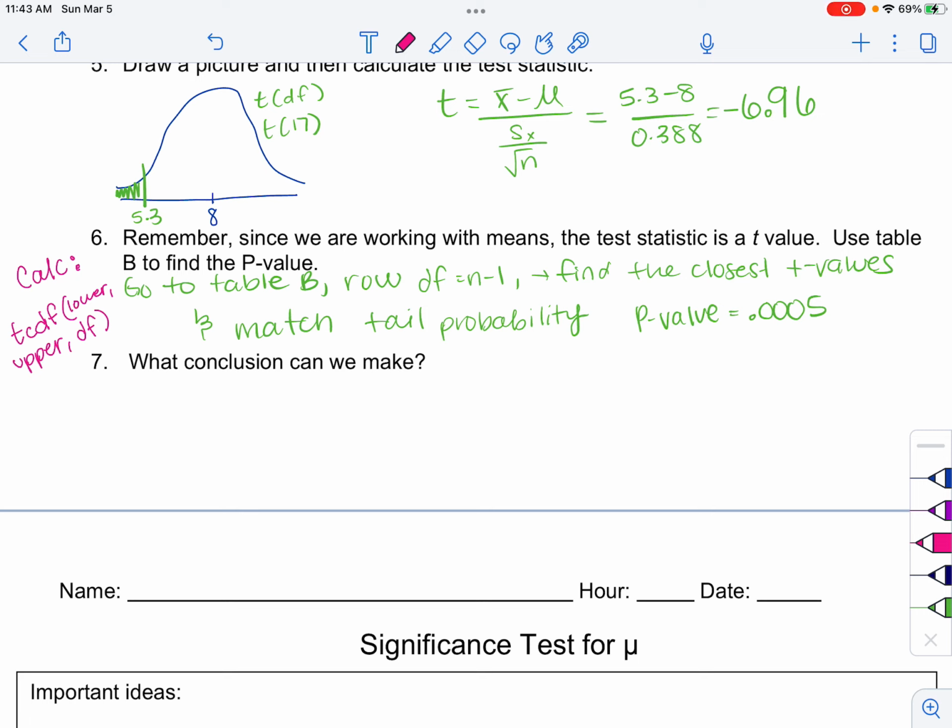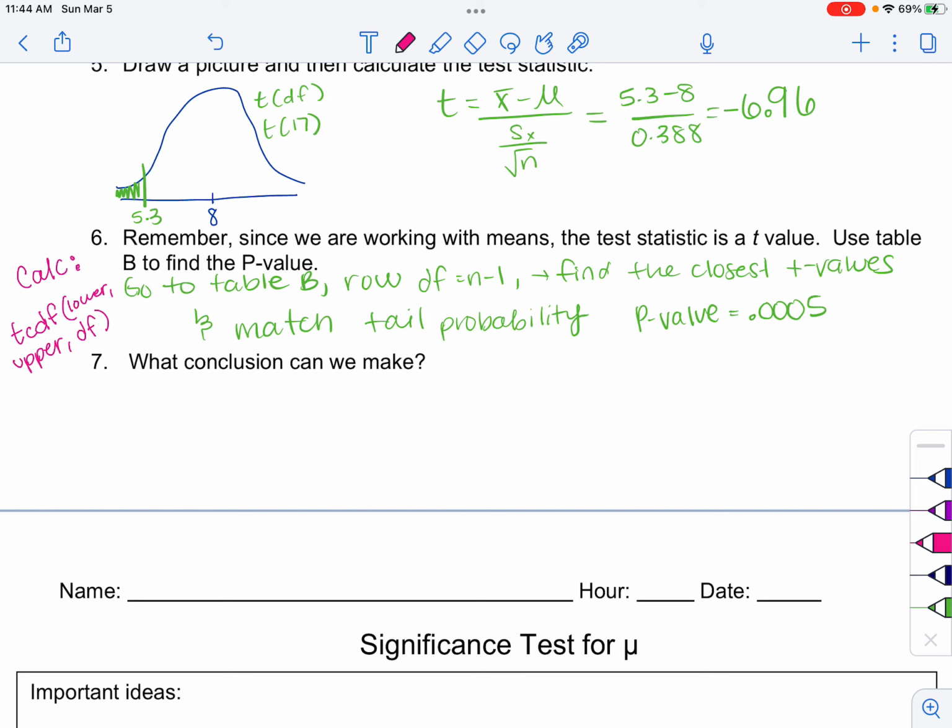If you go to second VARS, so the distributions menu, TCDF is option number 6. Some of you might have a menu that pops up. Some of you with an older calculator, it's just going to say TCDF, and then you have to plug into the parentheses.